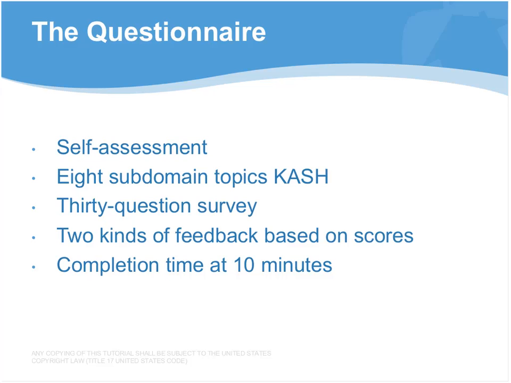We had the survey piloted among 3 of our partner schools, and we originally built the survey on Google Docs for that beta test. What we really wanted was for the survey to have not just one kind of feedback, but 2 kinds of feedback: feedback for the survey takers once they complete each section, as well as once they complete the question. What we found is the average completion time for the questionnaire was as little as 10 minutes.